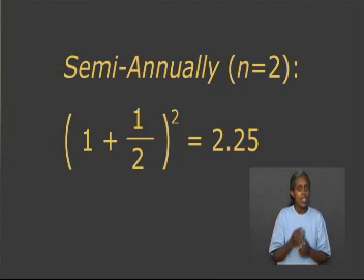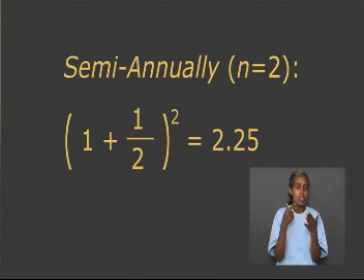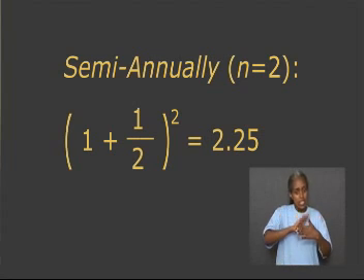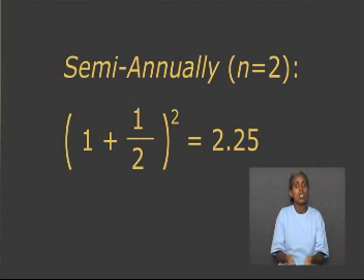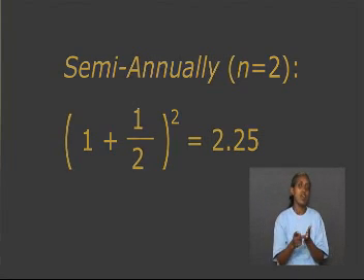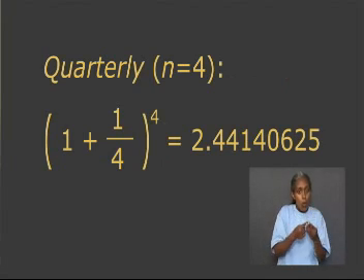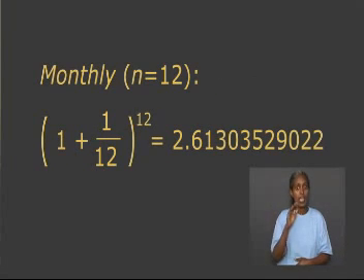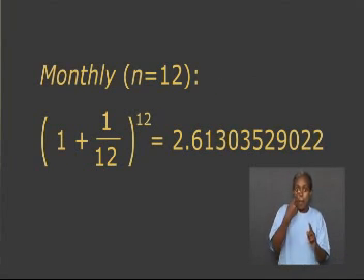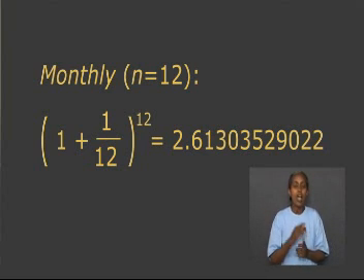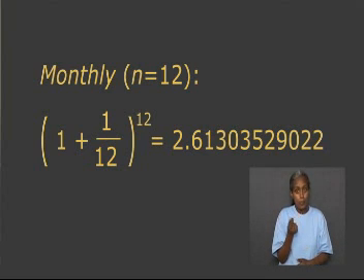You see, students, that the more often interest is compounded, the more interest is earned. Quarterly interest yields about 2 bir and 44 cents. Monthly interest yields about 2 bir and 61 cents.